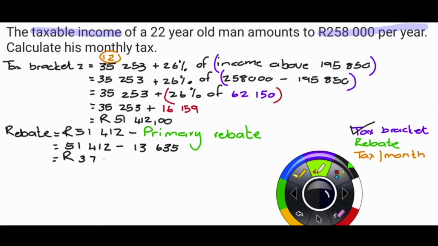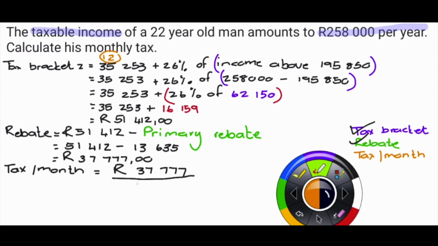When I'm done working out rebate, I mark on the right-hand side. Next, we need to work out the tax per month. We know the annual tax is 37,777. To get the monthly tax, we divide that amount by 12. When I'm done, I mark on the right-hand side.